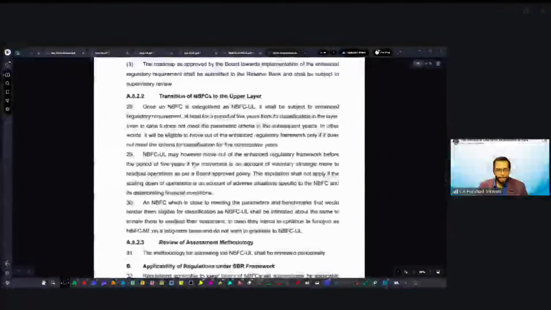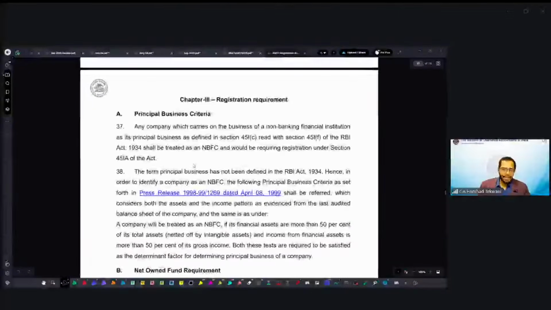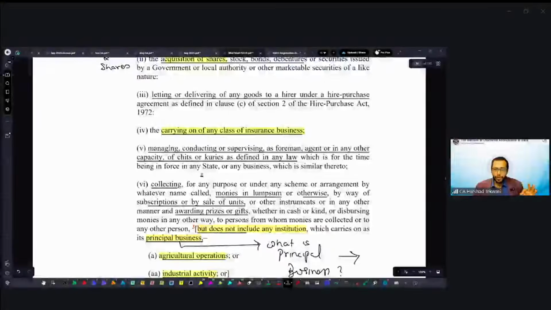Yeah. Principal business criteria. Now, what this regulation says: any company which carries on the business of an NBFI as its principal business, as defined in 45-IC read with 45-IF, shall be treated as an NBFC. What is IC? IC was financial institution.